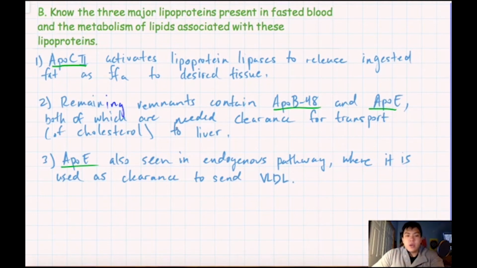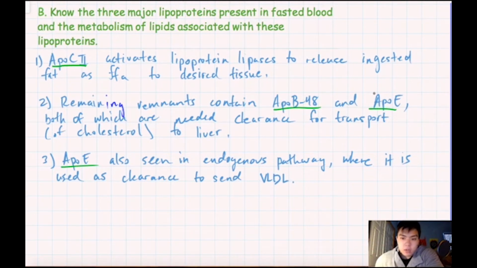And then now we have remaining remnants that contain ApoB48 and ApoE, and these two play a role in providing clearance for transport to the liver. The way I think it works is, if you have a high density of ApoB48 and ApoE on your chylomicron, and a lot of your ApoC2 has been used up, then that's a signal for it to be ready and cleared for transport to the liver, where cholesterol can be distributed.